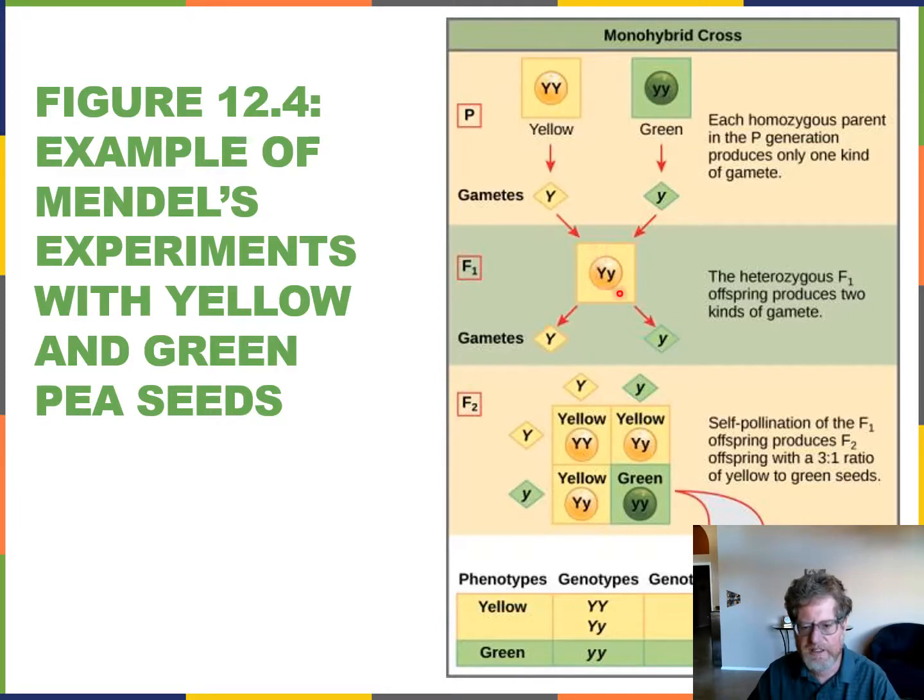So it's seen in the hybrid plants or the heterozygotes. When you do the F1 cross, you get what we just saw, 3 yellow to 1 green in the phenotype, but a genotypic ratio of 1 homozygous dominant, 2 heterozygous, and 1 homozygous recessive. Okay.